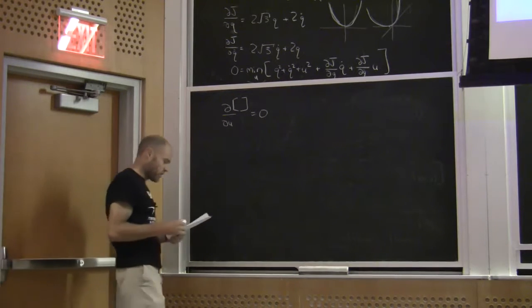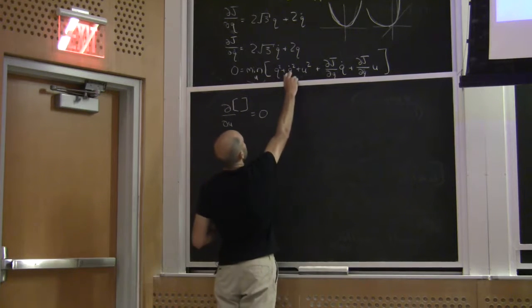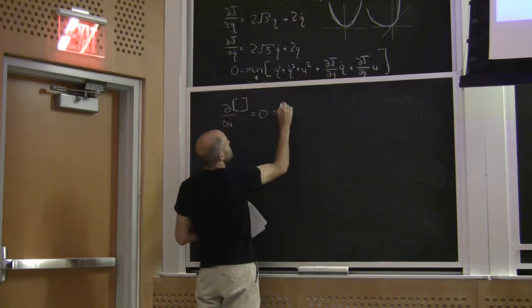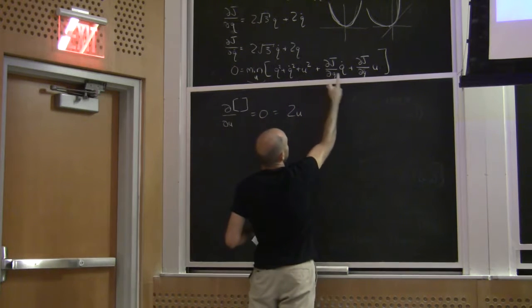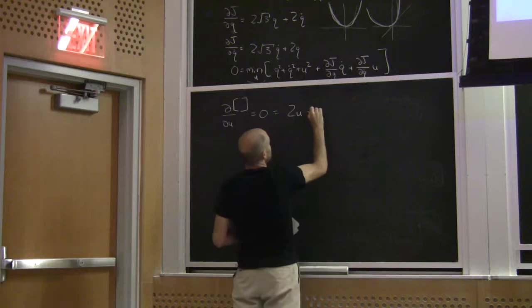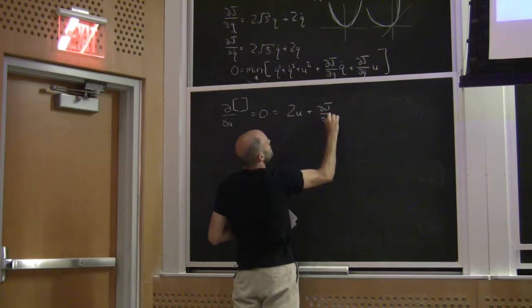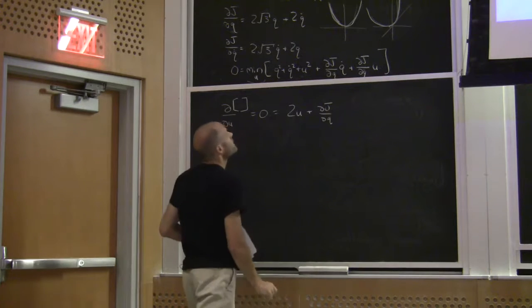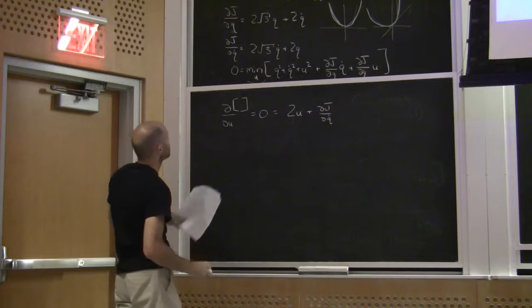Okay? So what's the minimum of this? The derivative of this thing with respect to u is just 2 times u from this plus this thing, partial j partial q dot, which is that.